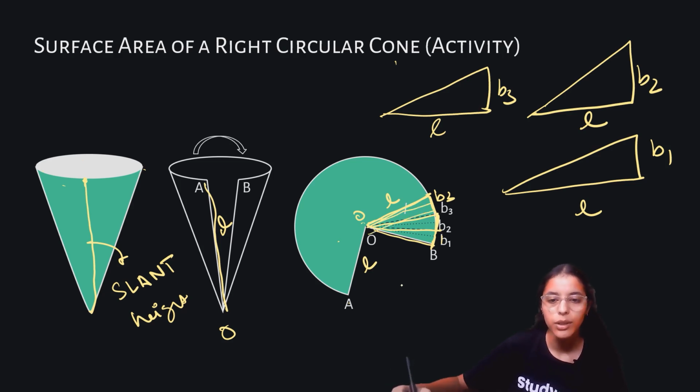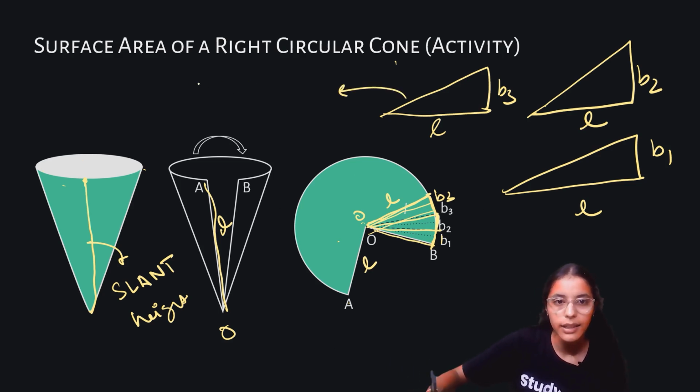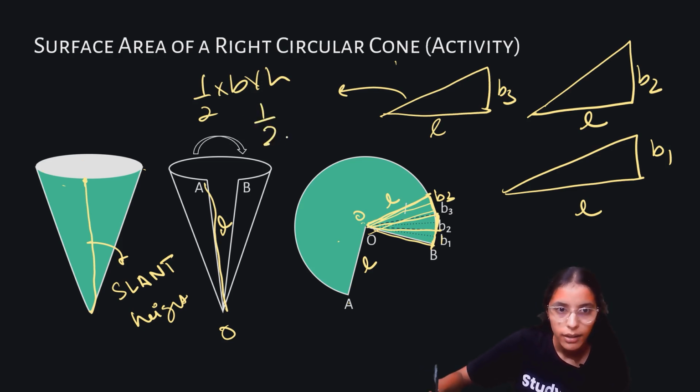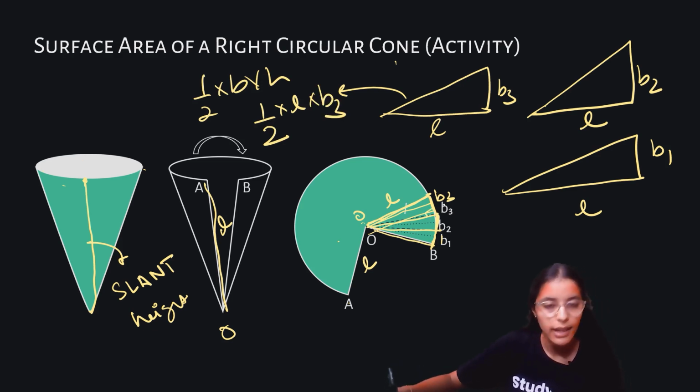Now let us sum over these. The area of one triangle is given as half into base into height. Here our base is B3 and our height is L, the slant height.